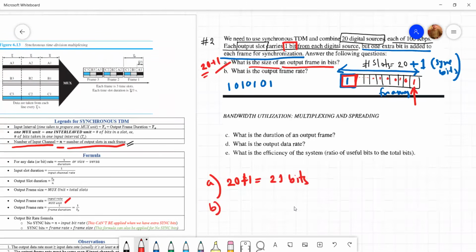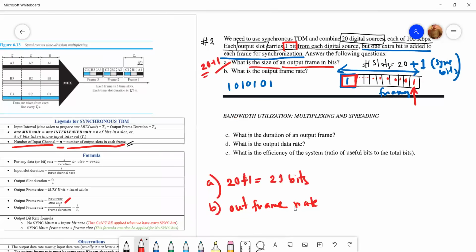Using this formula, I'm writing some shorthand notation for the output frame rate because there is not much space to write.